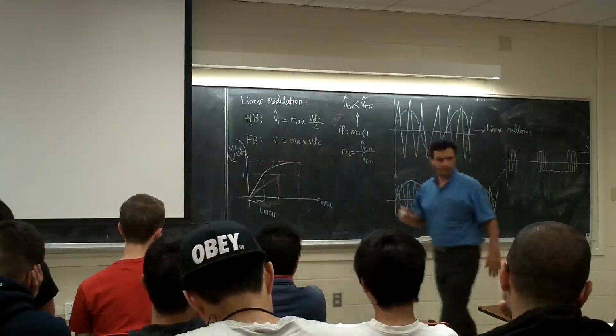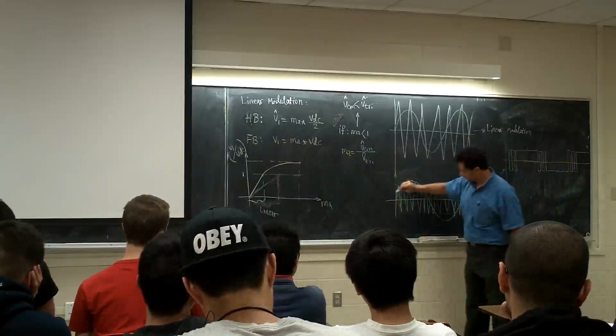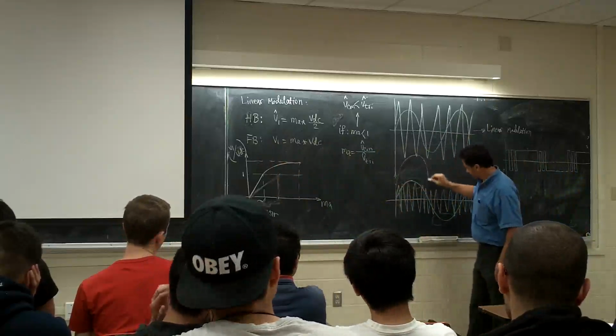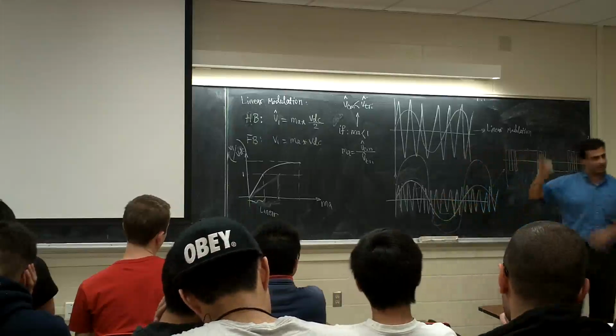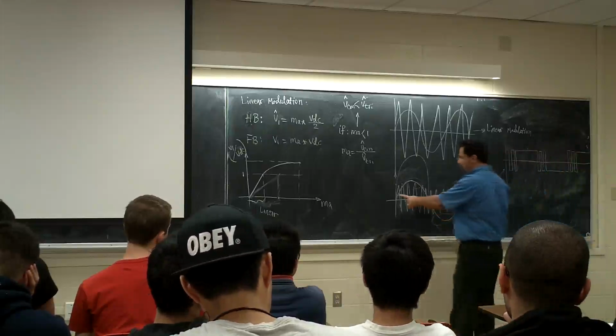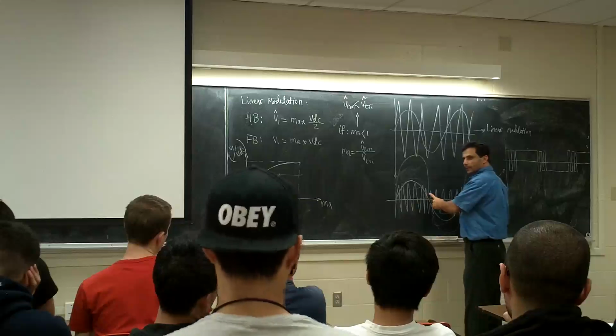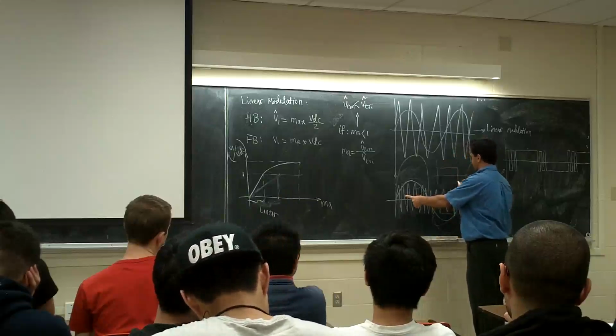Let's think about it this way. If MA is very, very big, what is going to happen? All the time the control is more than the triangle, so the output voltage is going to be a square wave like this.